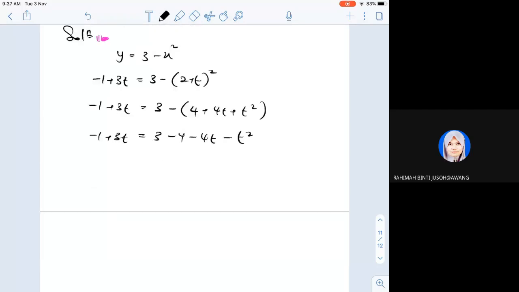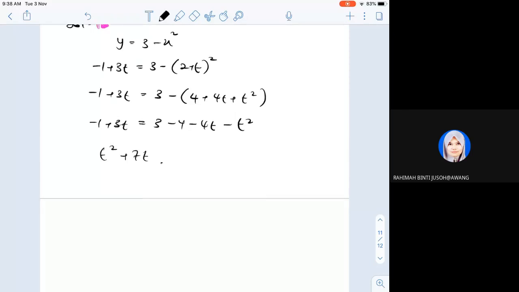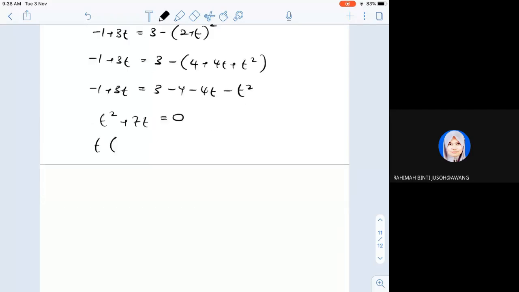So you will get t squared, and then 4t plus 3t is 7t, 3 minus 4 is -1, plus 1, so 0. Yes, okay, so you get 0. Okay, so factorize this. So we have t equals to 0 and t equals to -7.